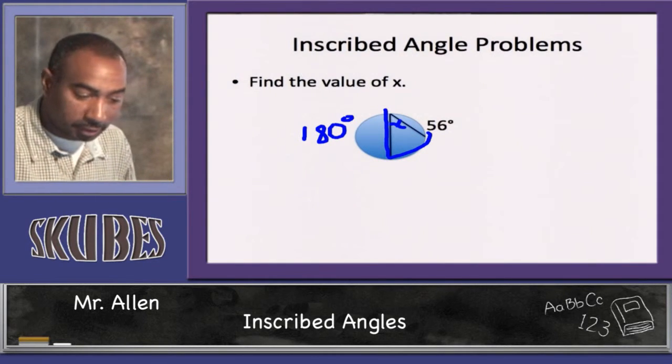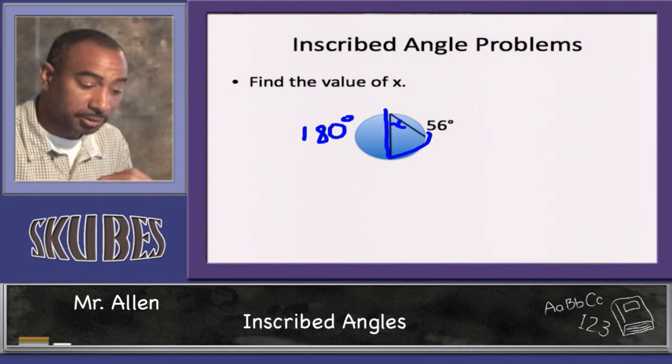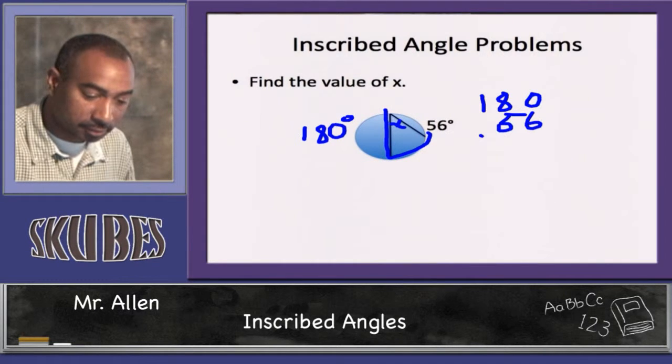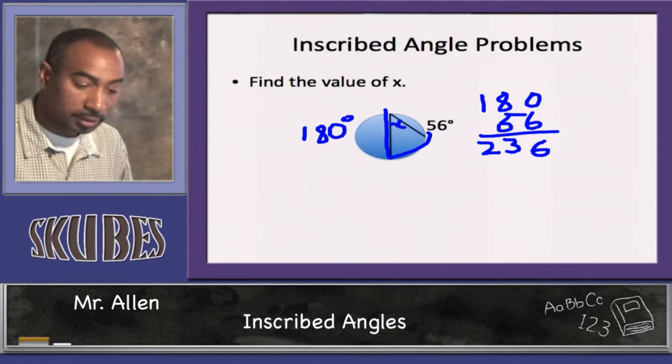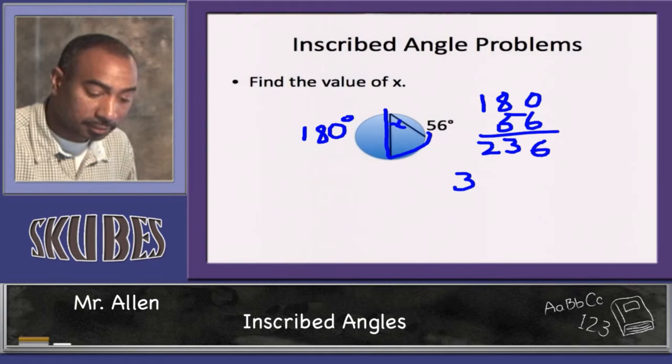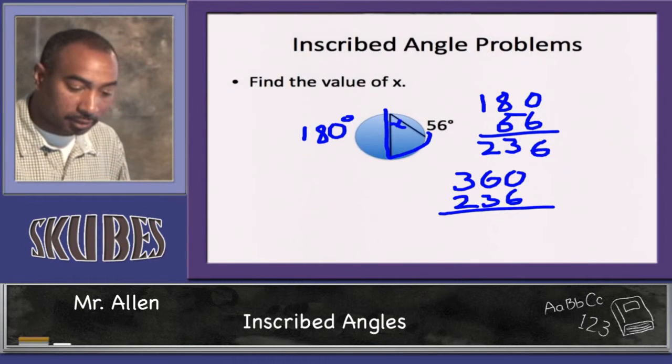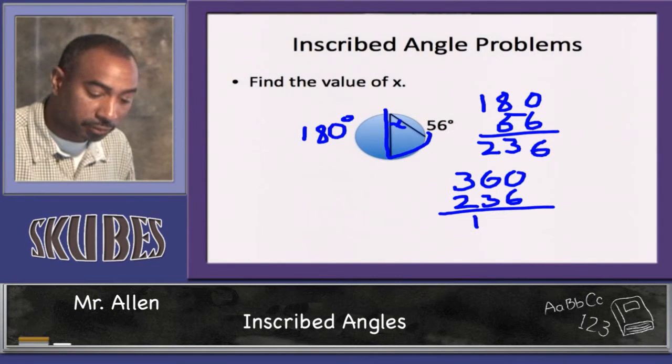So, a circle must add up to 360 degrees. So you're going to take 180 and add that to 56. That should give you 236. And you're going to take that and subtract that from 360. This leaves you with 124.